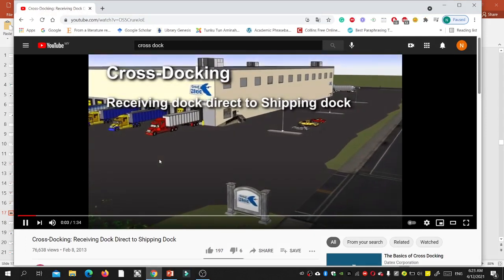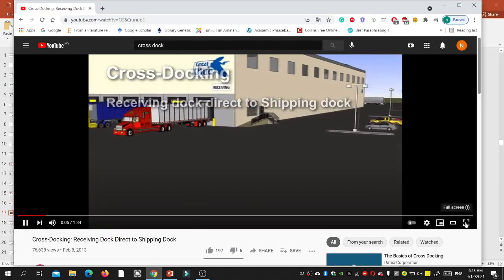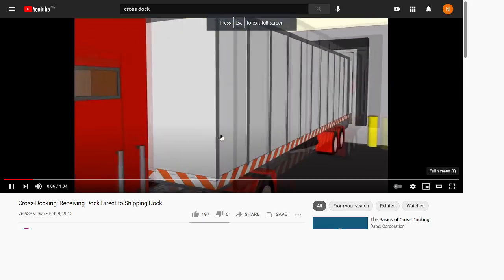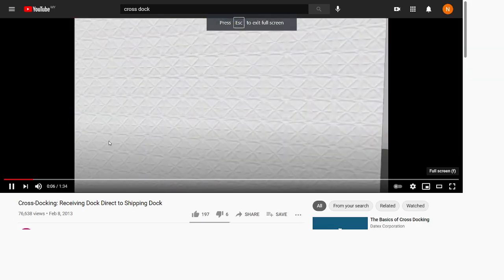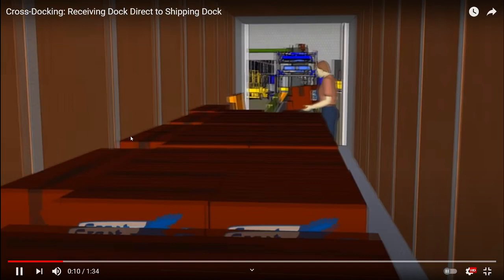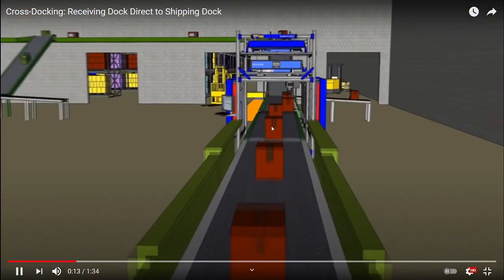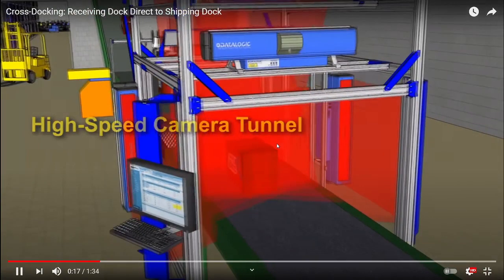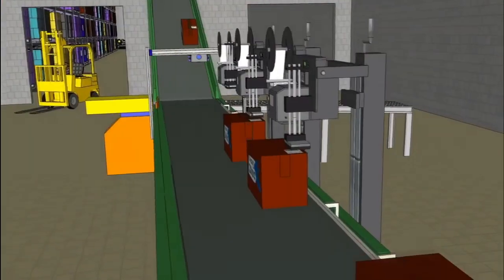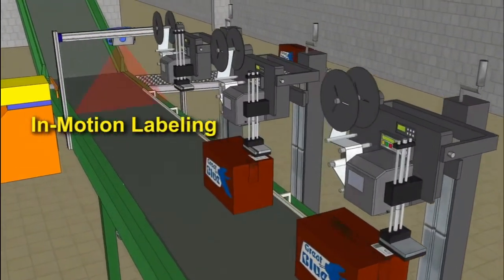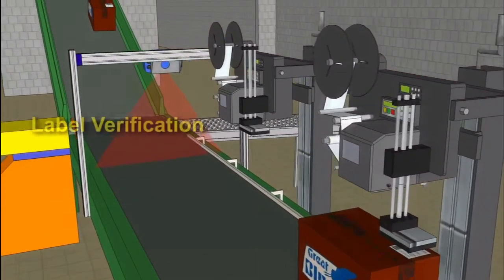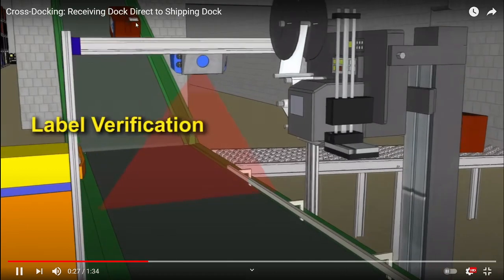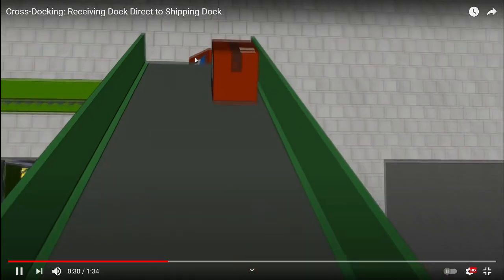Here is the example of the cross dock. This is the product distribution center, a warehouse where the products are managed. They will label the products to be sent out to the pickup sites, right?